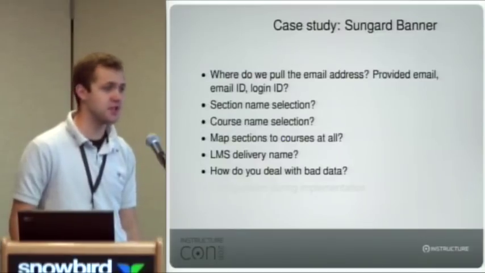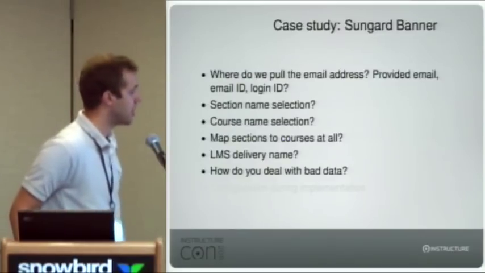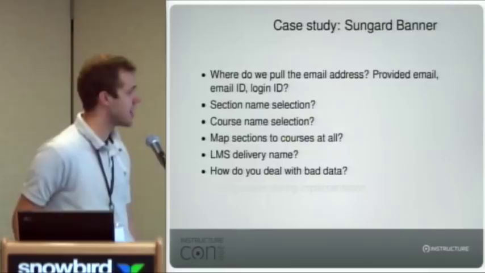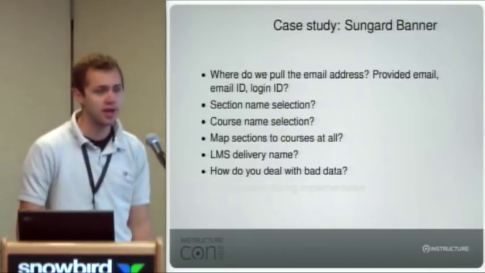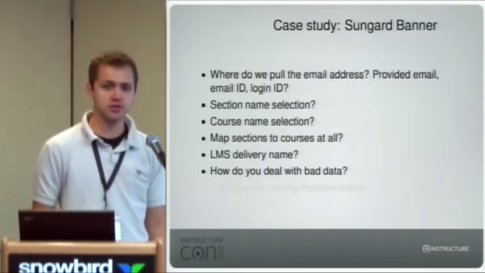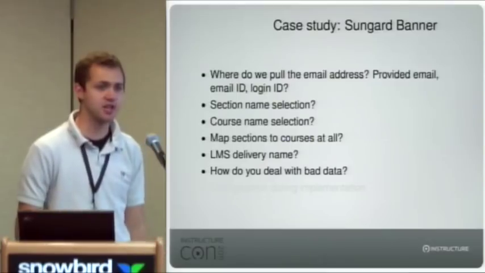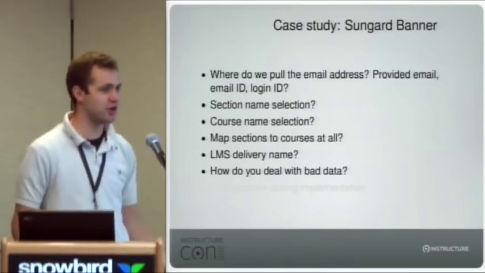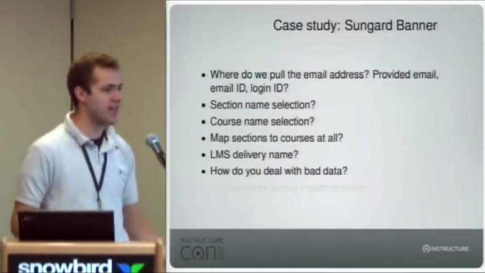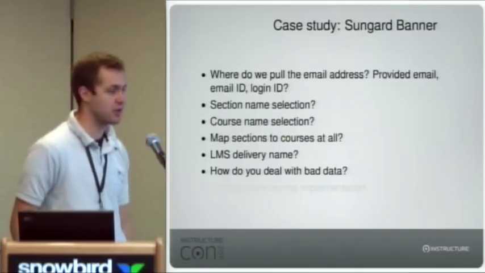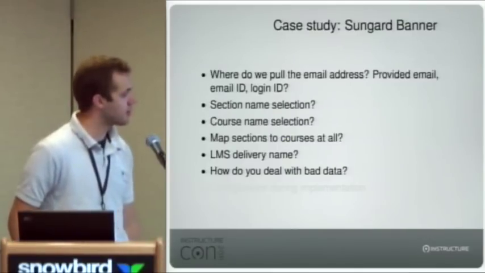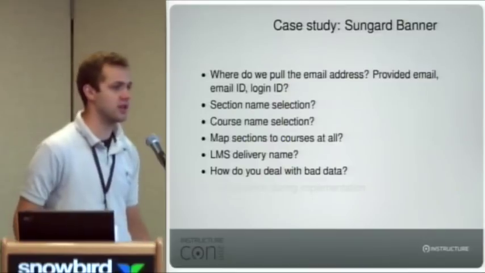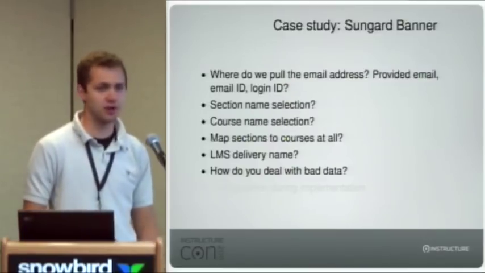How do you deal with bad data? This is a common recurring problem. If your Banner installation has bad data in it for a number of reasons, what do you do when Canvas gets that data? Can you filter it out? That's a hard problem, right? At some point, Canvas needs to trust the SIS for what it's getting. But we have a number of things in place to try and deal with invalid data or incorrectly formatted data.